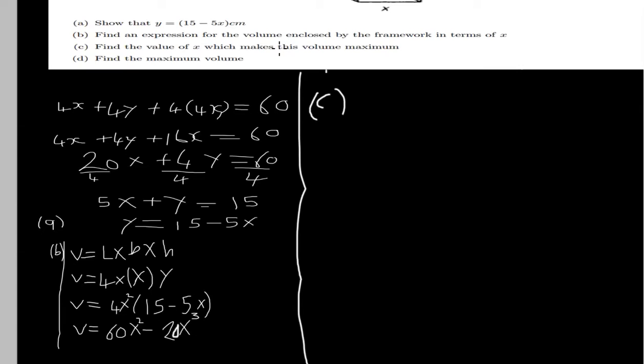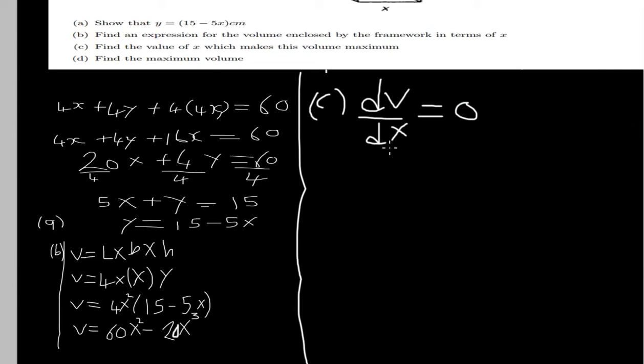For you to have a maximum volume, you need to find dV/dx. So dV/dx at maximum is equal to 0. We're finding the value of x.